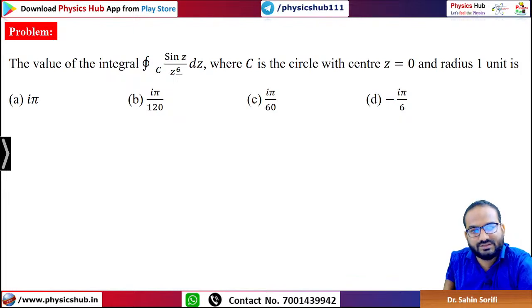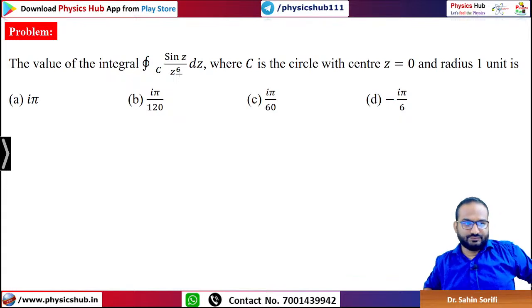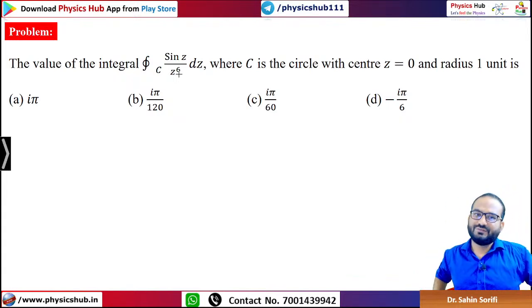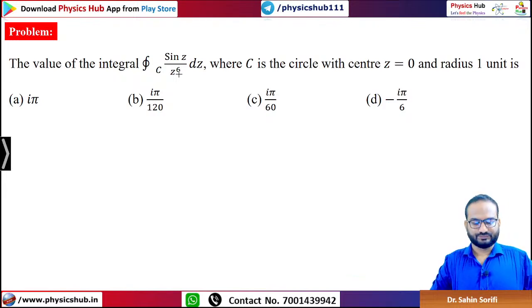With expansion the things will be easy. Otherwise, if you set the denominator equal to 0, then we have to do a fifth order derivative, no? It is a pole of order 6. Look, whenever you see an opportunity for expansion, you will do the expansion. That will give you the result very quickly. C, very good.